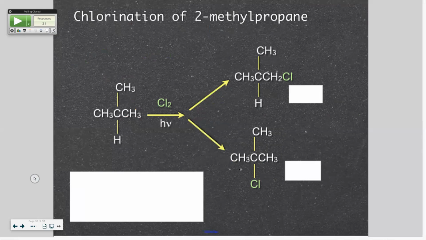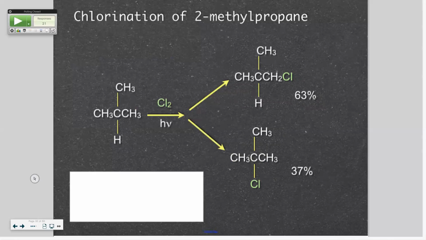The top one or the bottom? Why? The primary, the other one's the tertiary. And what intermediate gets formed? It's all free radical. So this one is 37 and this one is 63.